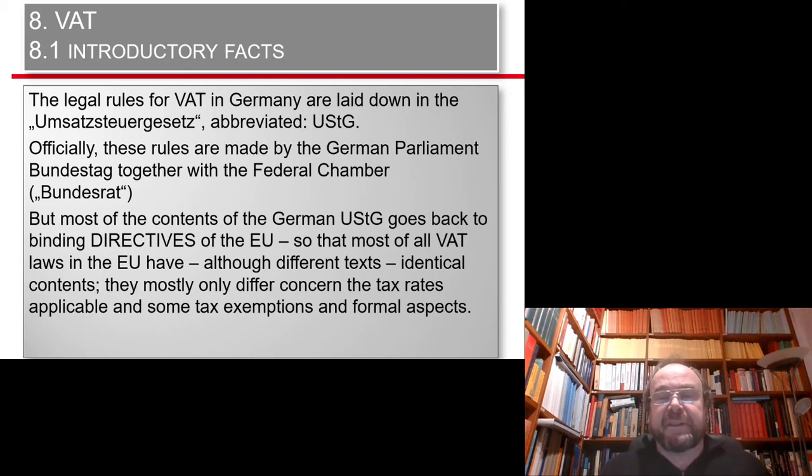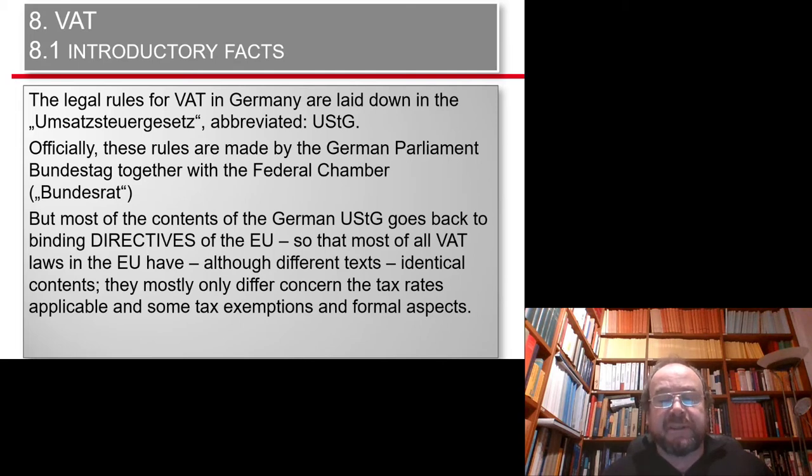Most of the contents of the German USTG is nevertheless regulated by directives of the European Union, so that most of the contents of the VAT law in Germany is identical to the contents of VAT laws in other parts of the EU, although the texts are different and small differences remain.